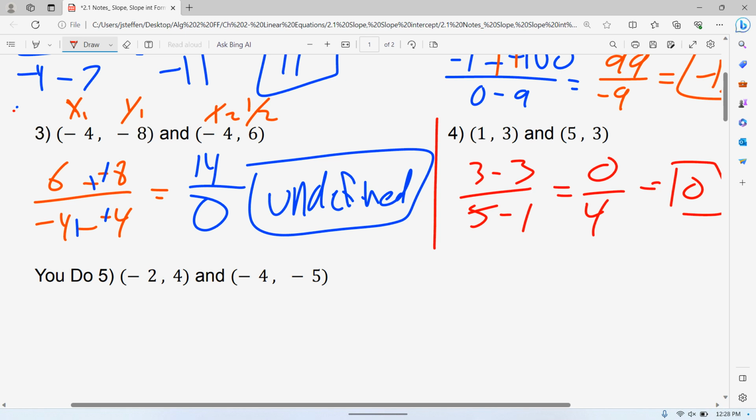Which one goes which? Sometimes two things happen, and I know it's hard to remember which one.